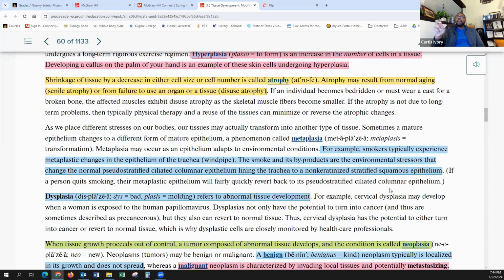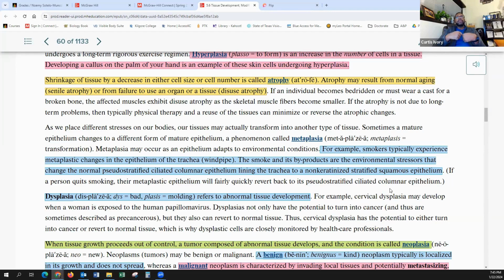So essentially, it makes the epithelium or the tissue in your trachea or in your windpipe a lot thicker or stronger. So it kind of turns it into almost harder skin cells in your throat.